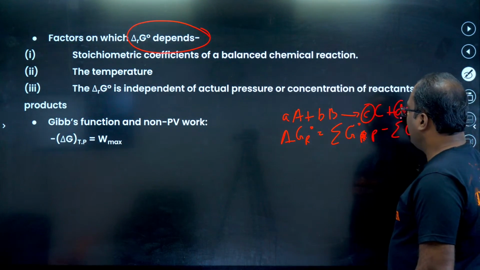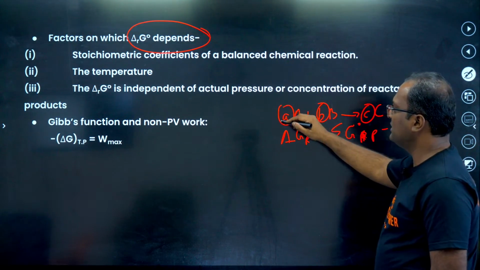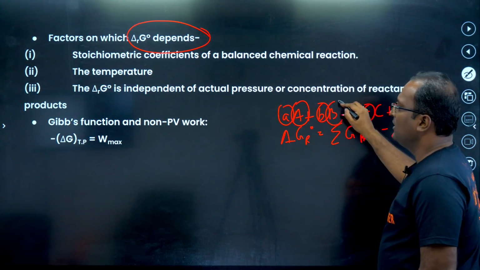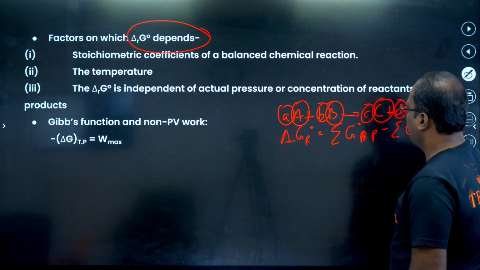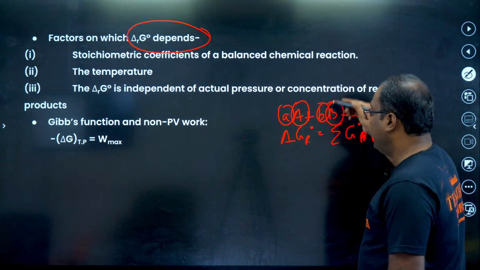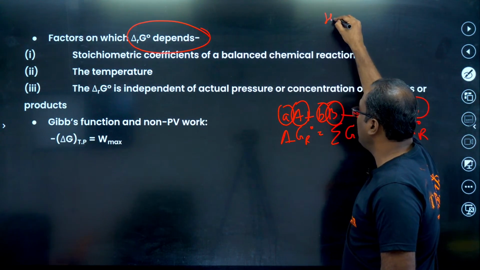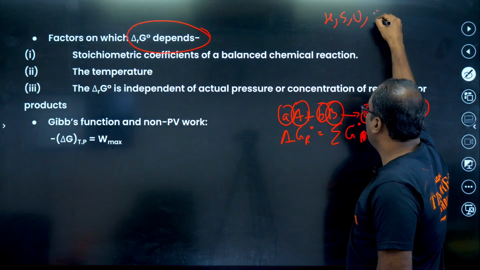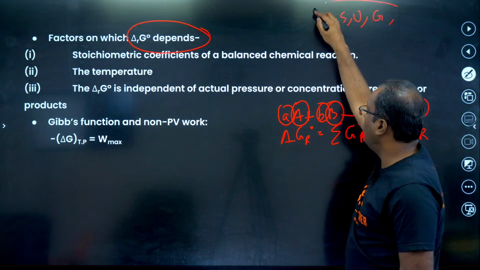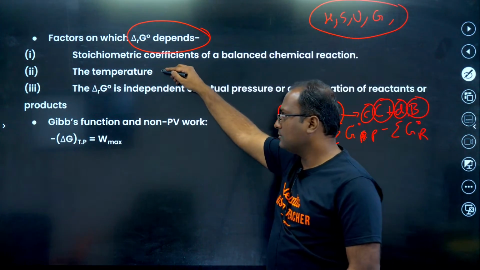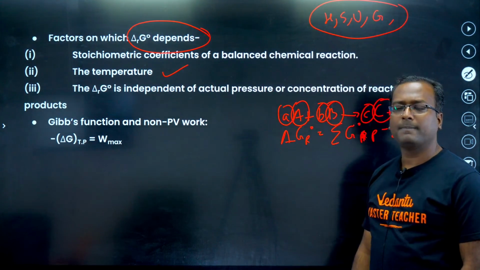Therefore, it will definitely depend on stoichiometric coefficients. Therefore, it will definitely depend on what species the reaction involves, and any thermodynamic property we talk about, they all always depend on temperature.